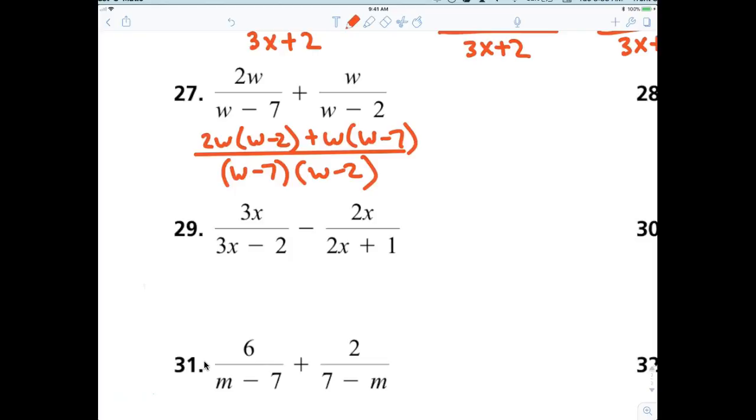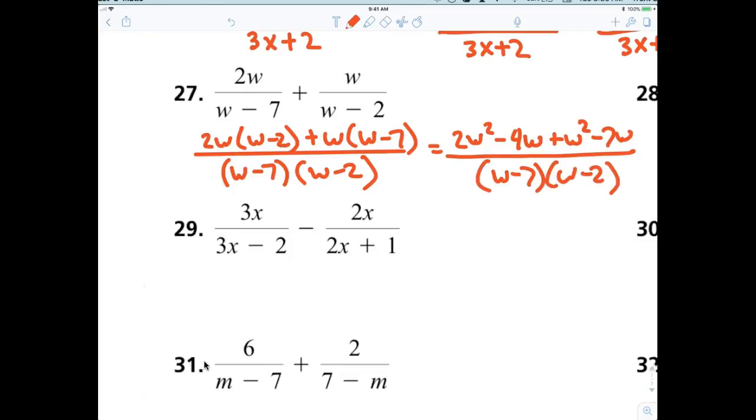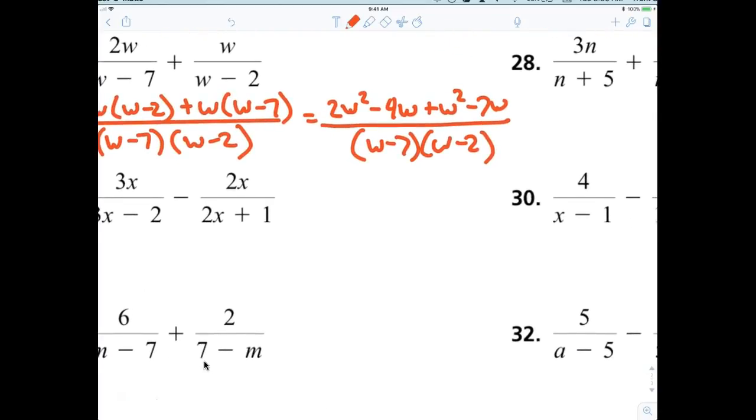Watch one. 2W squared minus 4W plus W squared minus 7W. 2W squared plus W squared is 3W squared, right? Minus 7W. I'm sorry, minus 11W, over.